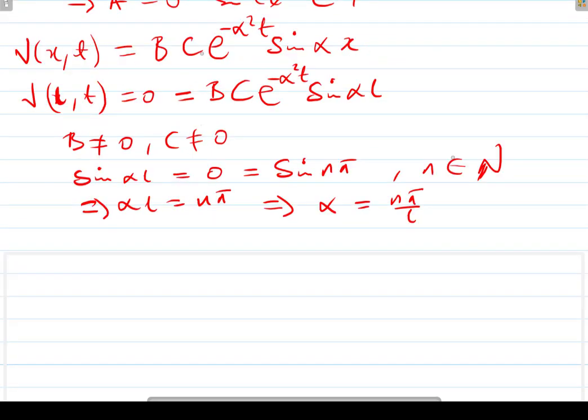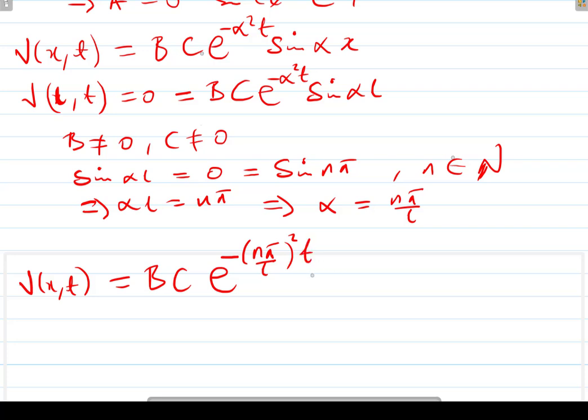If that is our alpha, then we know now that v of x comma t will now be equal to this b c, e to the power negative, now alpha we have said is n pi over L, so n pi over L squared t, like that, as a power of e.